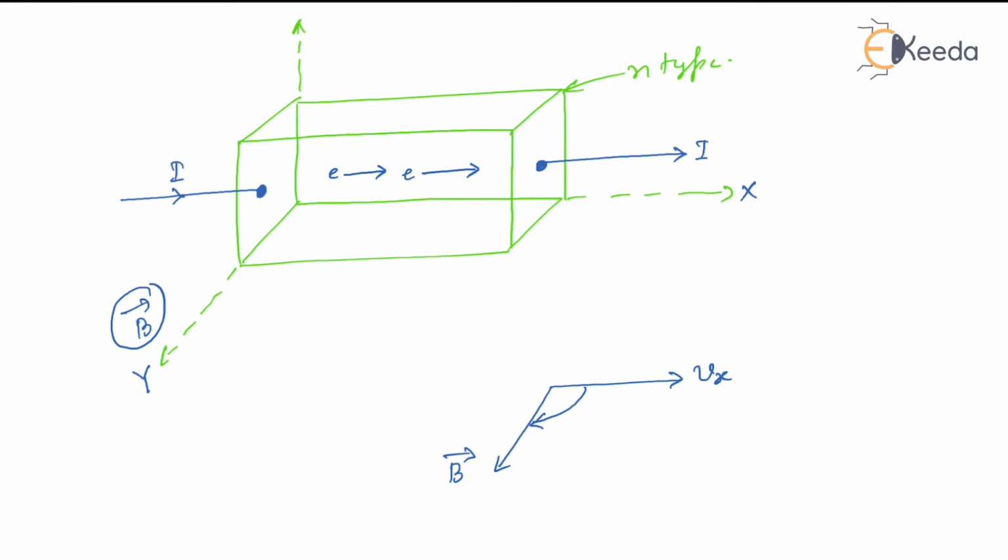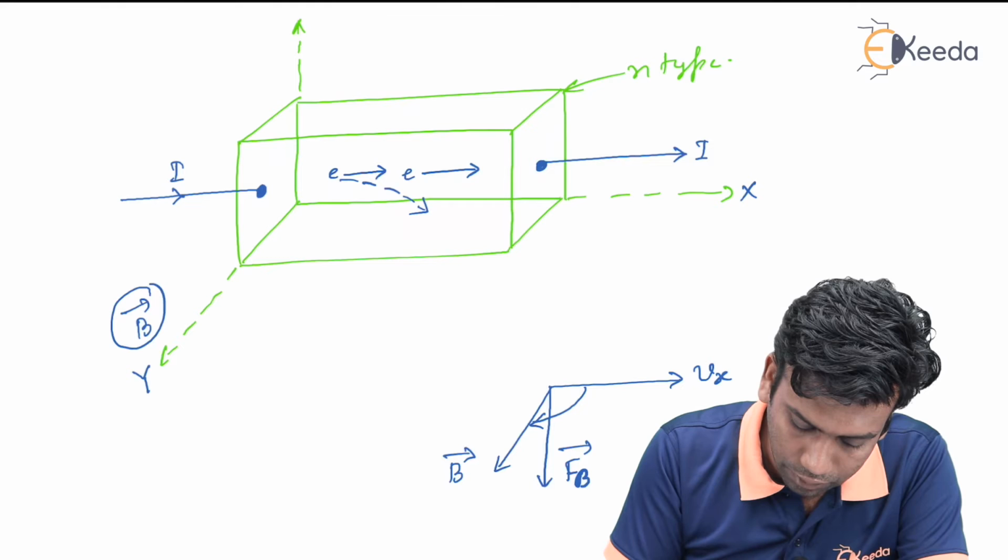So, this will be the theta between Vx and B. So, the force direction will be in the negative z axis direction. So, this is the Fb force on the electron. That is why the electron will tend to move downwards.